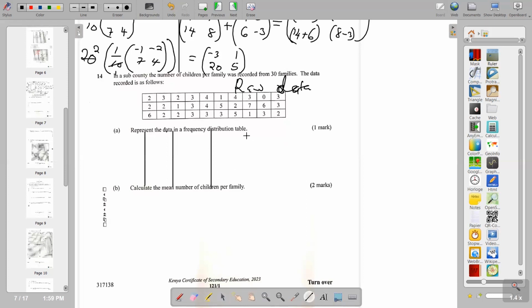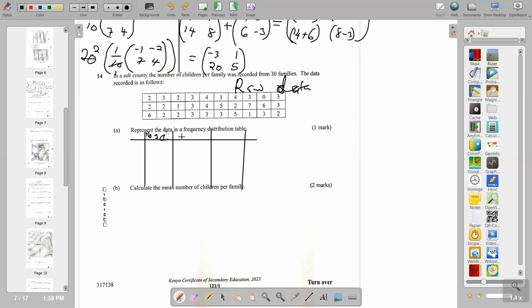You have a table like that. So now here you have number of children, and then number of family, or rather you can have tallying.